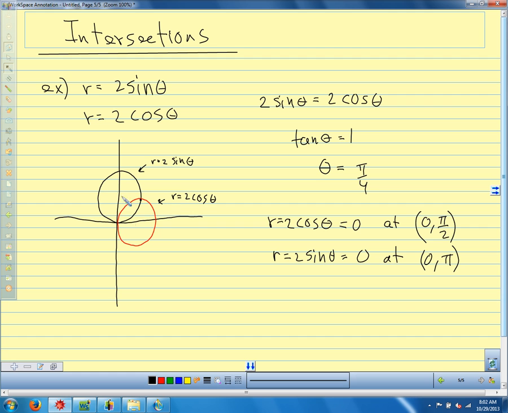So in order to find the area of this interior region, what would we have to do? How could we split it up to find this area? Anybody have an idea?